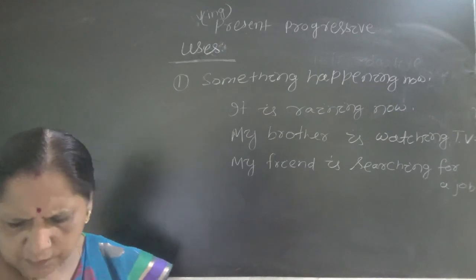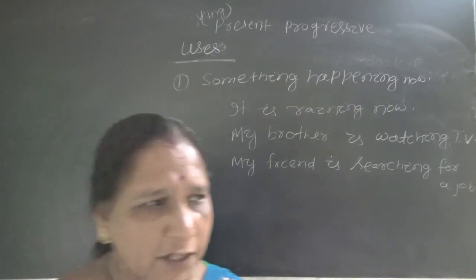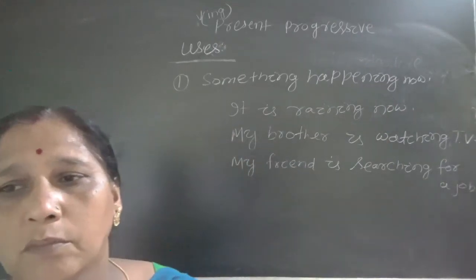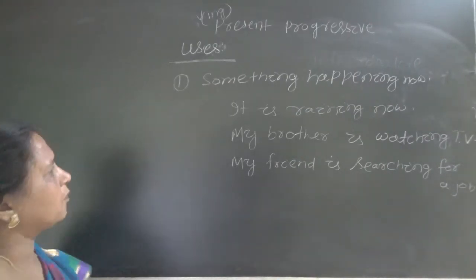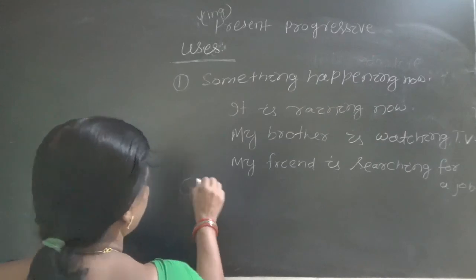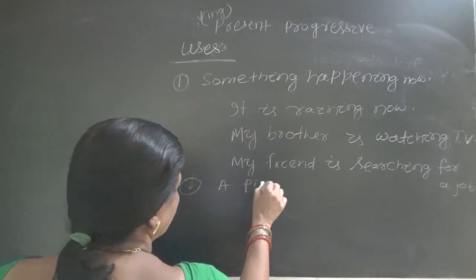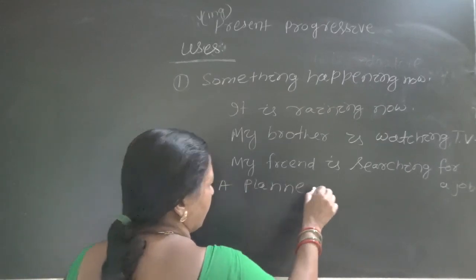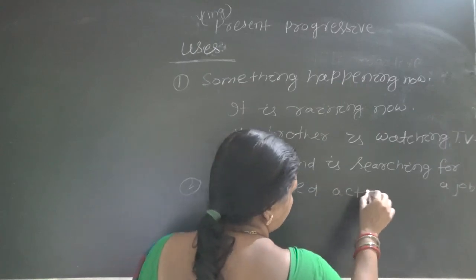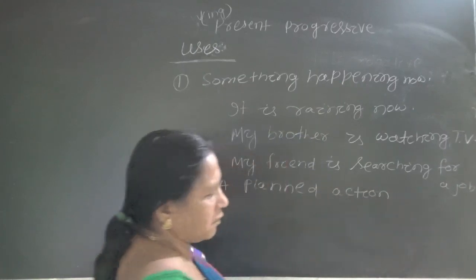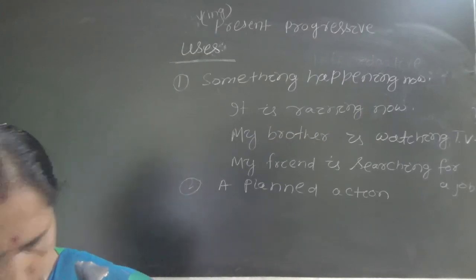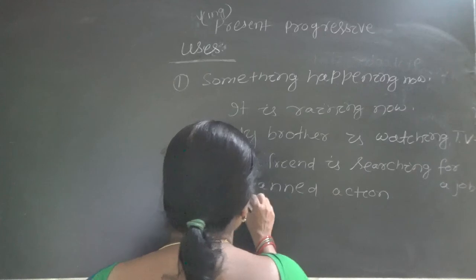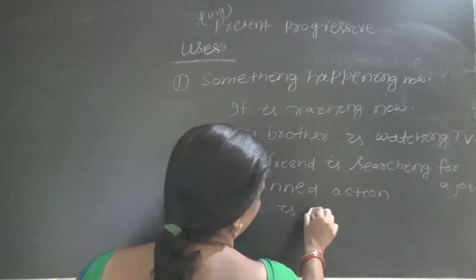Then we can use present progressive to express a planned action. For example, he is going to Delhi tomorrow.